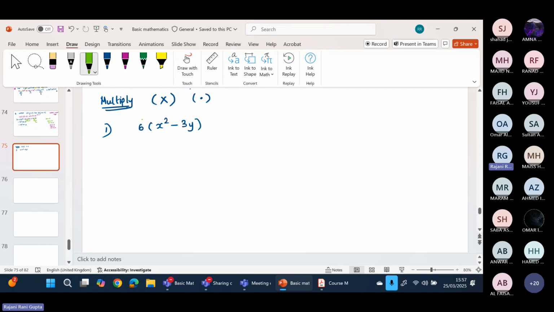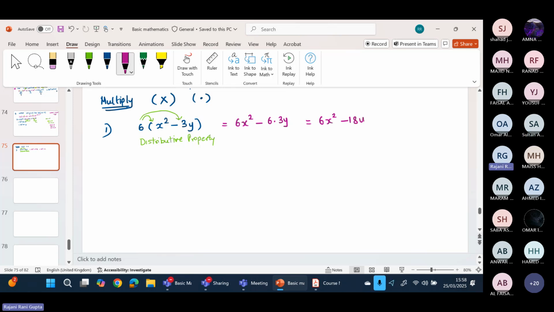So what you do? You are using distributive property, that you studied in chapter 1. Okay. So this gives you 6x power 2 minus 6 multiply 3y. 6 multiply 3 is 18y. Okay, so this is how you work.